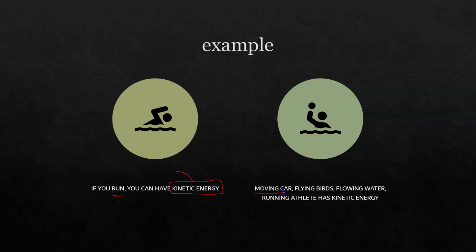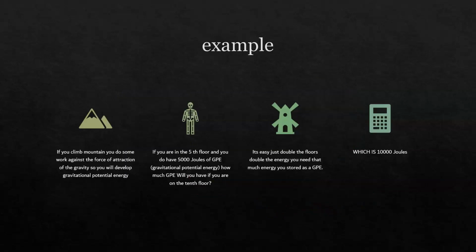Next, moving car, flying birds, flowing water, running athlete has kinetic energy. They are all having kinetic energy. Okay. Next example. Now, if you climb a mountain, you do some work against the force of the gravity.